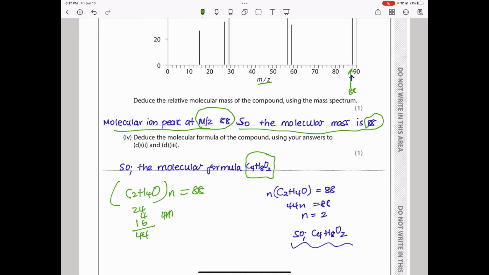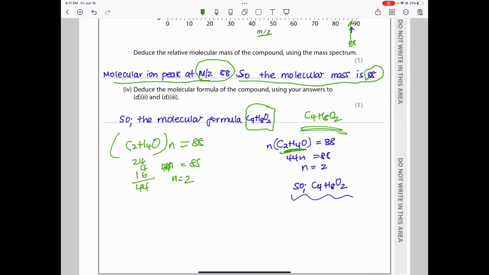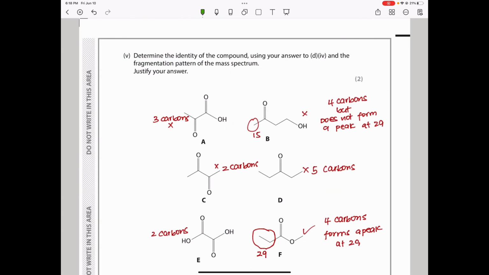So 44n is equal to 88. n should be 2, and therefore multiply everything by 2, creating C4H8O2. That is the molecular formula, and the empirical formula was that. So continuing to the next part.